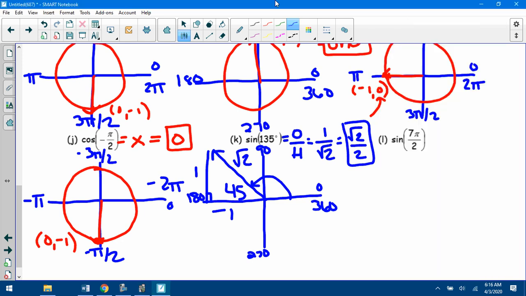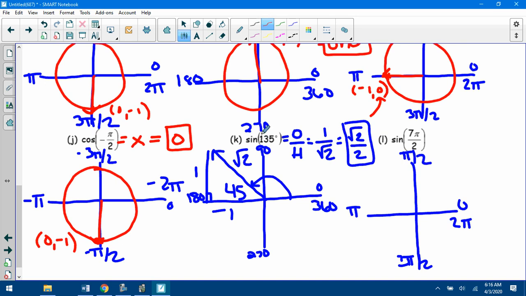All right, and the last one. Back to radians. 0, pi over 2, pi, 3 pi over 2, 2 pi. Now, I'm over 2, that tells me for sure it's a quadrantal. And sometimes it helps just to count it out.